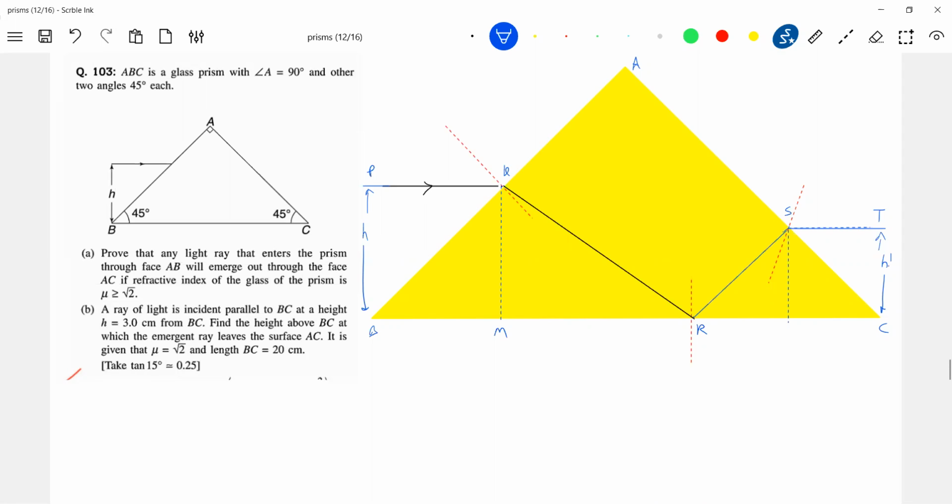We know H is 3 centimeter. BC is as given. This angle is 90 degrees. This angle is 45.